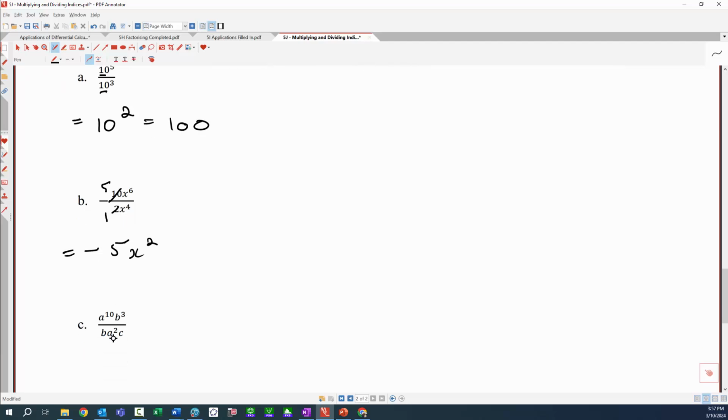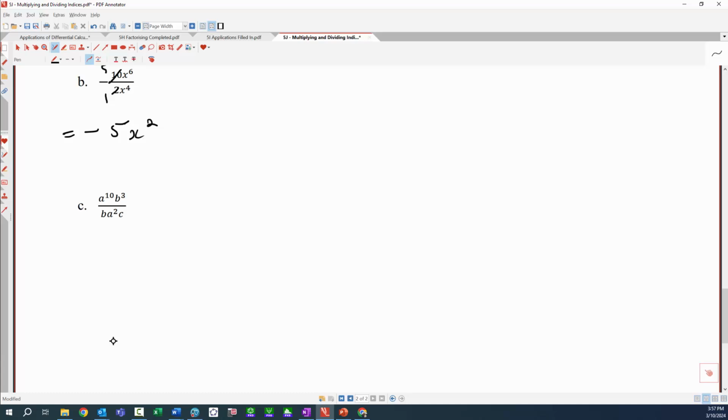Okay. All right, so the last example is this one here. And what I notice is that I've got a b to the 3 over a b, and a to the 10 over a to the 2, and c, well, there's no c up here. So the c is going to stay at the bottom. So I know that this a to the 10 over a to the 2, we've got the same bases, so all I'm going to do is subtract the powers.